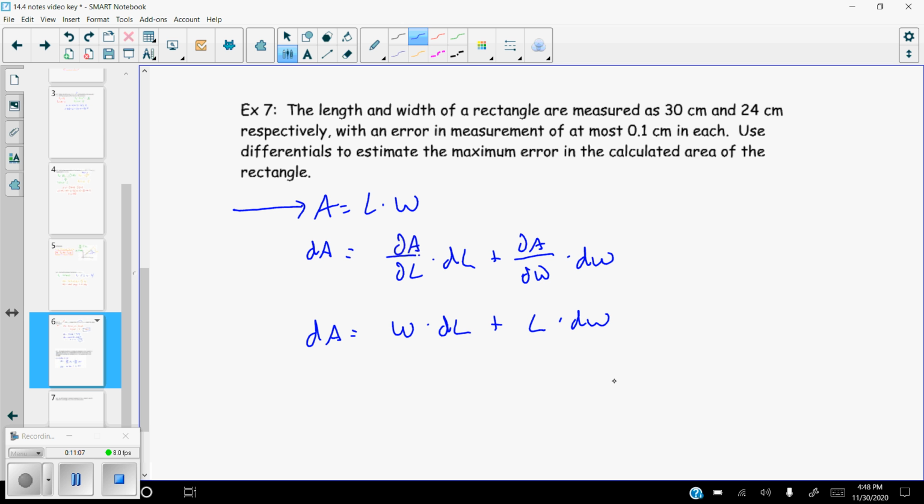So it kind of does look like a product rule if we go back to implicit derivatives. But now we can plug this stuff in.